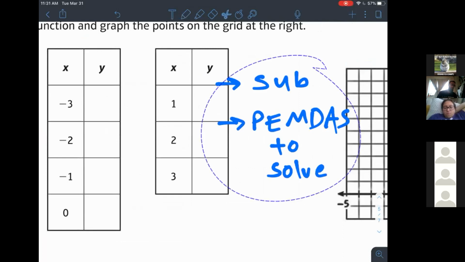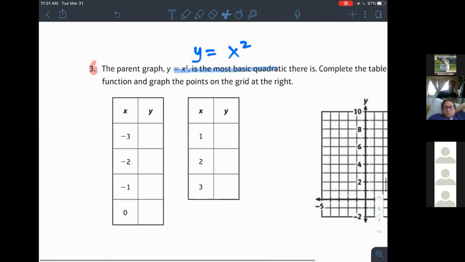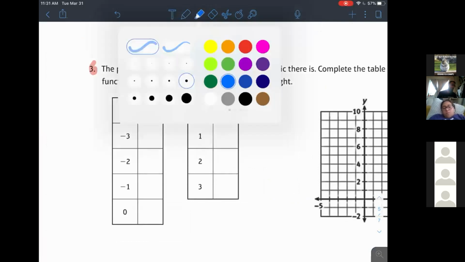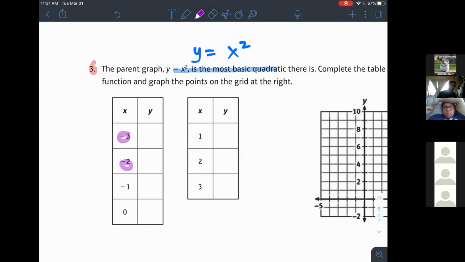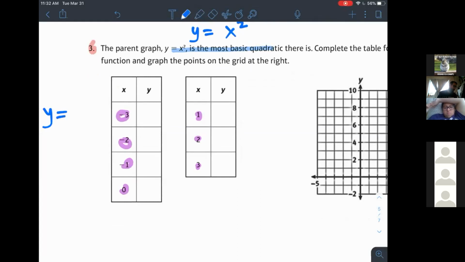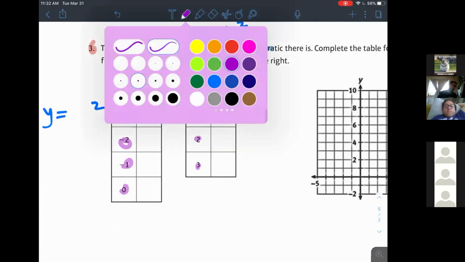Well, let's do that right now because we actually have an equation that we're trying to graph, y equals x squared, and they were so kind to give us a bunch of values of x already. Notice that some of my favorite numbers, they just took it a little bit further than I normally do. So here we go, let's solve, ready? Y equals x squared, but now x is no longer x, it's a -3.